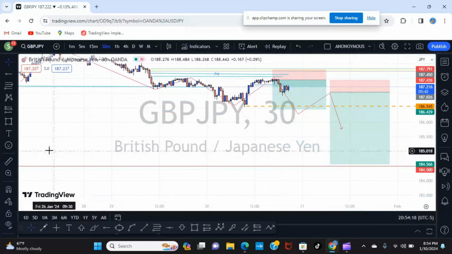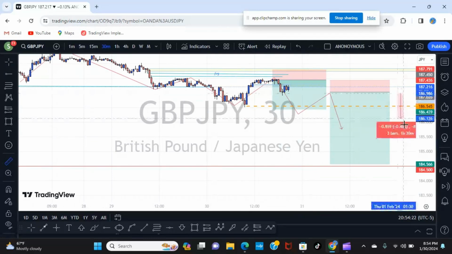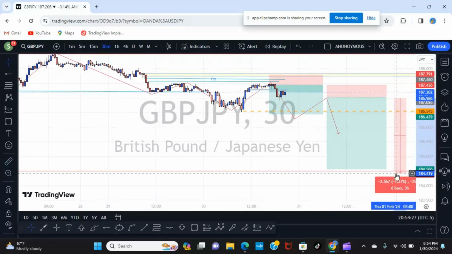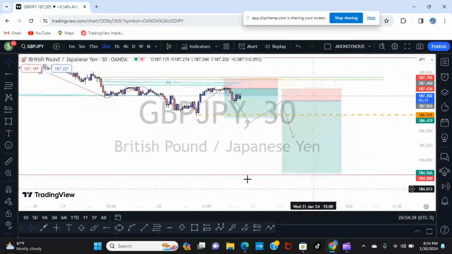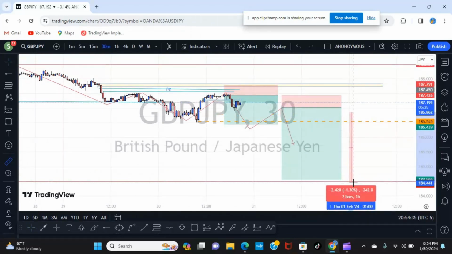Let's measure it again. We're gonna target at least 200 pip. Wow, this is a lot of pips. Actually 250 pip, guys. So tomorrow, hopefully I make another re-entry from here to there.